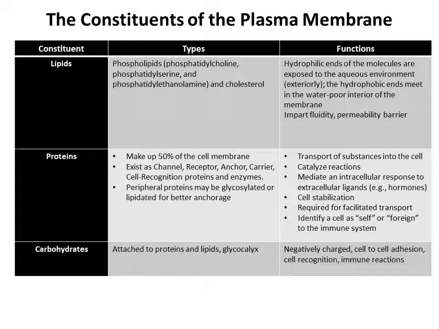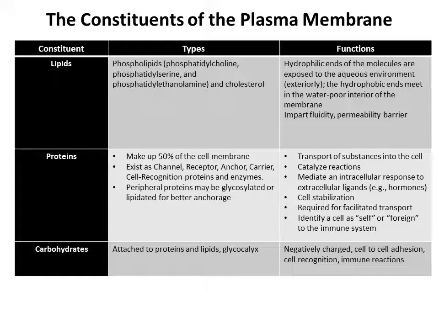Proteins. Types of proteins and some properties are listed here. Proteins make up 50% of the cell membrane. They can exist as channel, receptor, anchor, carrier, cell recognition proteins, and also as enzymes. They can be integral proteins or they can be peripheral proteins.